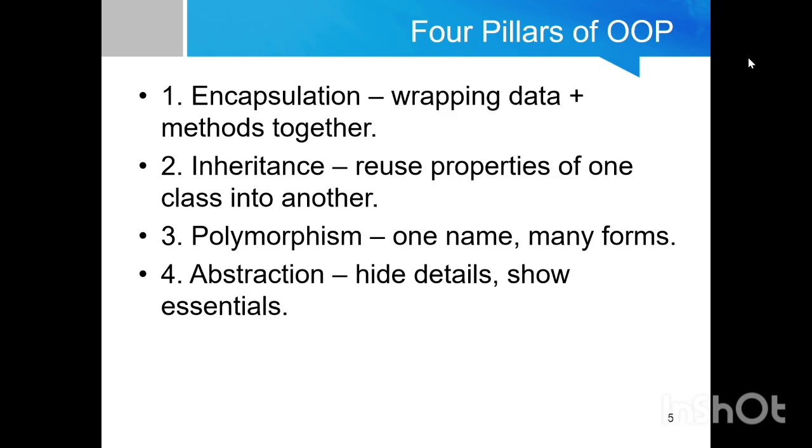The third one is polymorphism. Polymorphism is a combination of two words: poly means many and morphism means forms. So it means one method behaving differently in different situations. The fourth pillar is abstraction. Abstraction means hiding unnecessary details and showing only what is important.